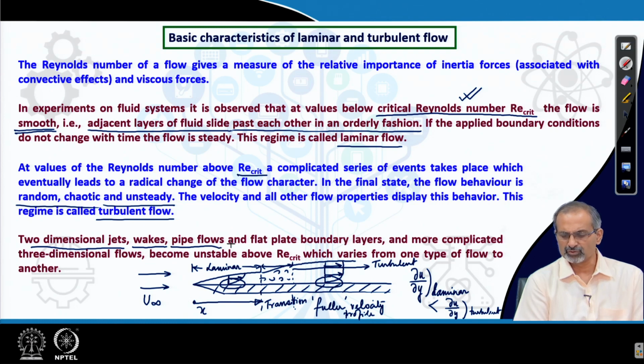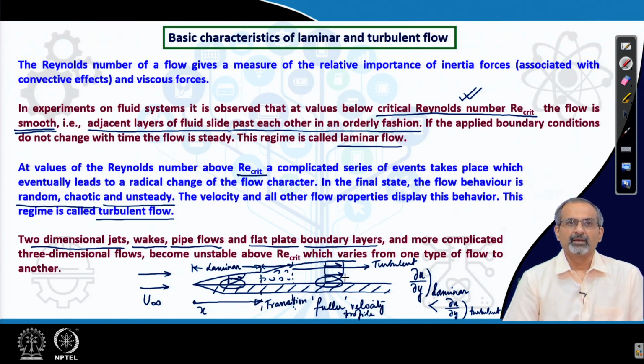Then internal flows through pipes, and of course, flat plate boundary layer, which we already discussed to some extent. And there could be more flows which are more complicated than the ones we are mentioning over here.